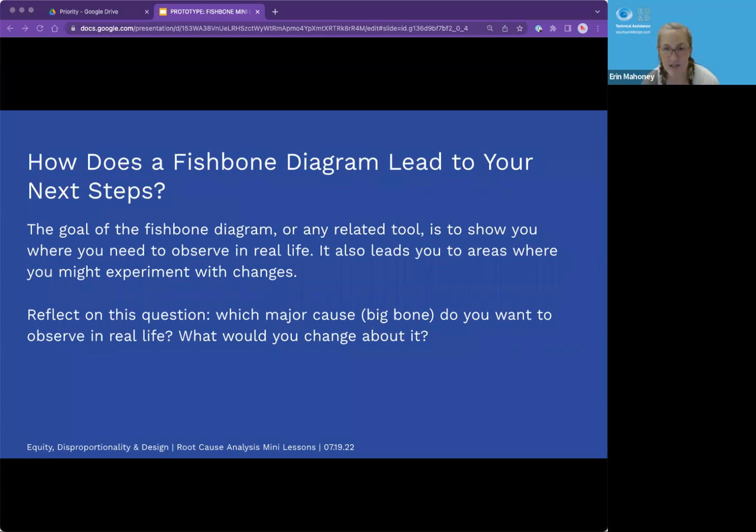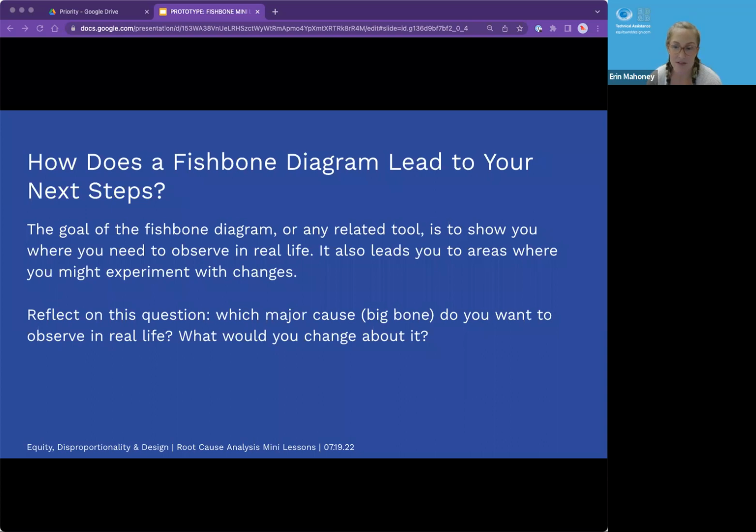That's a good question. And it's one that comes up a lot when you look up, maybe even you curious folks, on Google, what is a fishbone diagram? And I think that's where a lot of folks get stuck and stop, right? We think we've come up with our cause. We think perhaps we have a solution, and we take all these beautiful things and we stick them up on our wall and we're done.